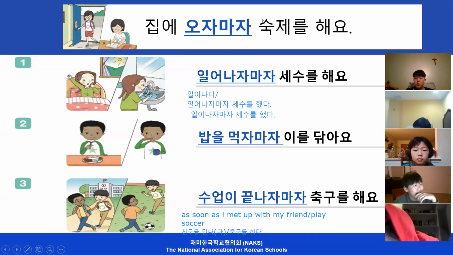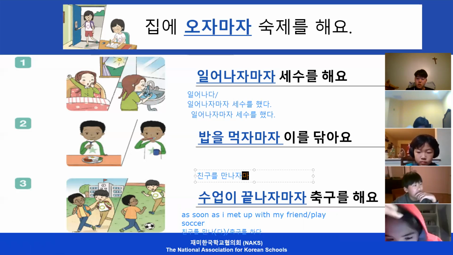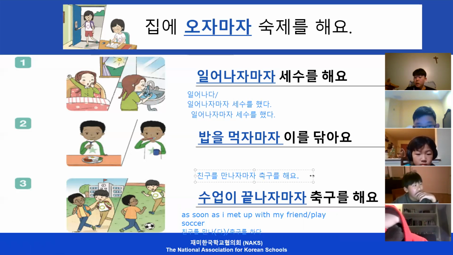So 친구를. Okay, so let me write your sentence again. 친구를 만나 자마자 축구를 해요. Does that make sense? Any clarification needed?